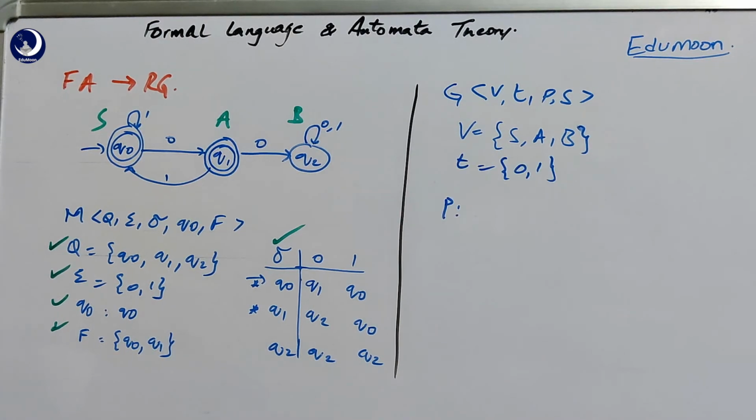Now coming to the production rules, initially Q0 is defined as S, so for S we can check the transition table that is given here. The production rules of S can be given as follows. Since Q0 on 0 goes to Q1, and we represent Q1 with A, S on 0 goes to A, that is we can write 0A there. And Q0 on 1 goes to Q0 again, so here we can write 1S.